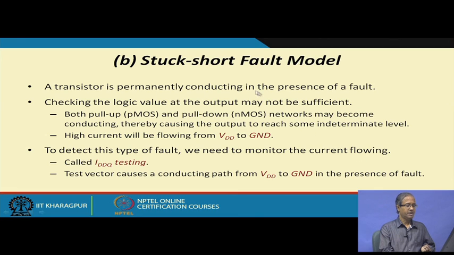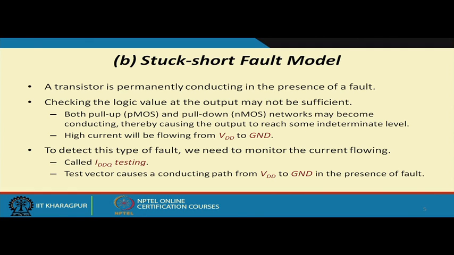Okay. Now, let us come to stuck short fault. Stuck short is the other way around, where a transistor is permanently conducting. Now, we shall see again through an example that for this case just checking the logic value in the output may not be sufficient, because both the pull up and pull down network may be simultaneously conducting. So, you can have a situation where it effectively becomes like a voltage divider.